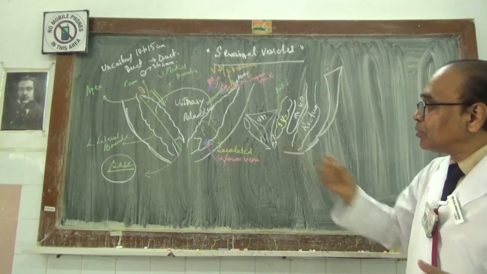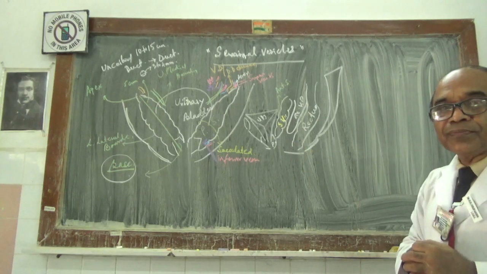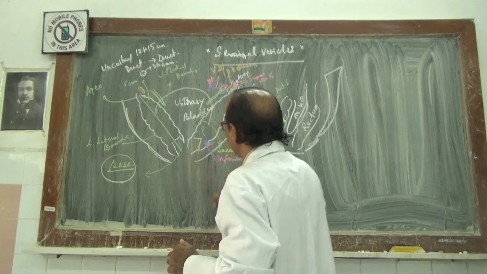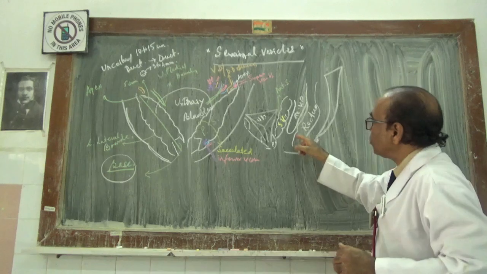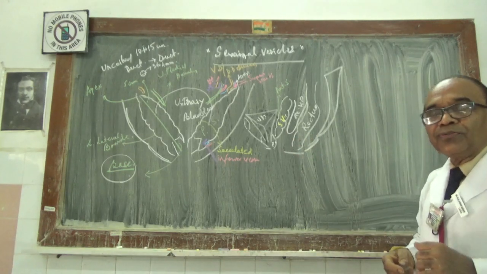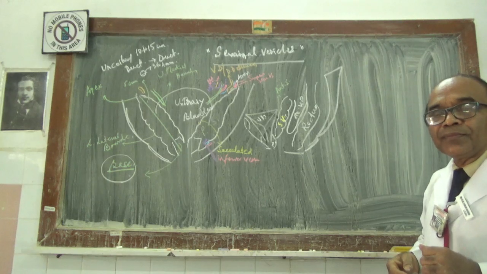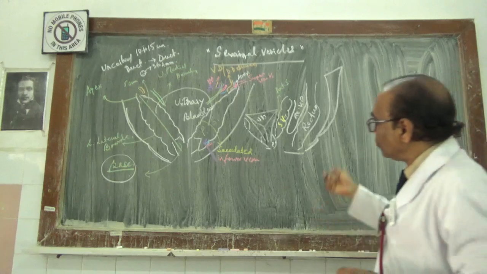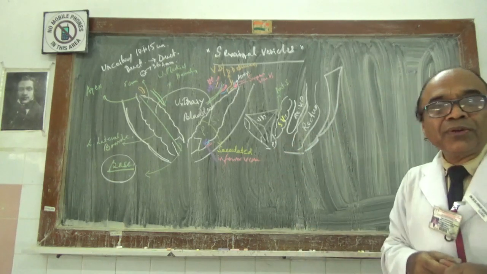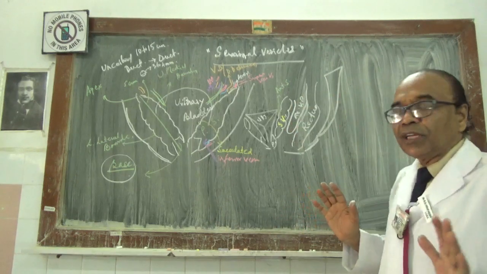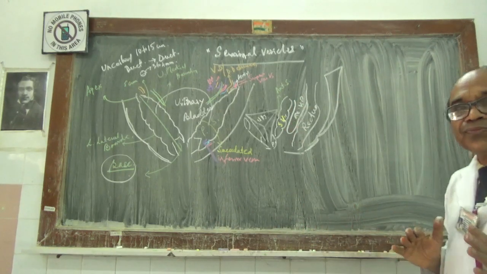Now the base is related to the rectum and the beginning of the anal canal. With that, there will be one gland called the prostate. So that is the thing.